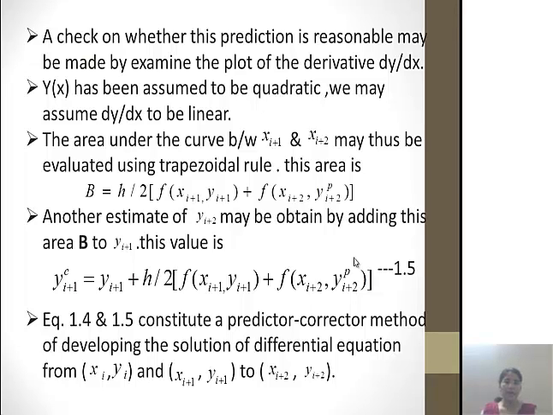The area under the curve between xi plus 1 and xi plus 2 may thus be evaluated using the trapezoidal rule. This area is b equal to h upon 2 times f of xi plus 1, yi plus 1 plus f of xi plus 2, yi plus 2 predicted.